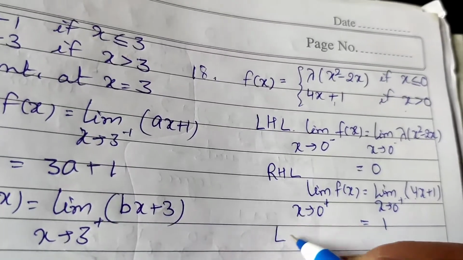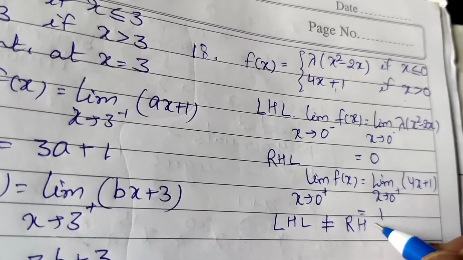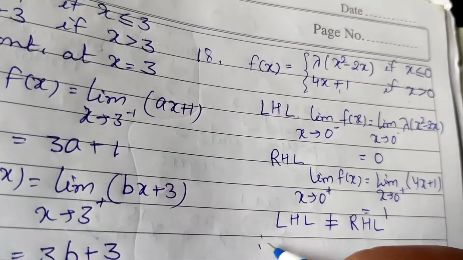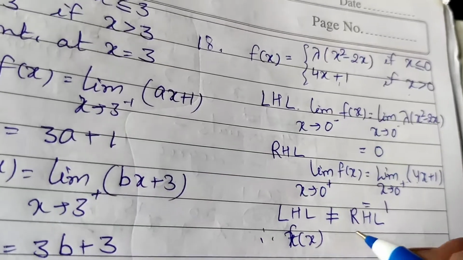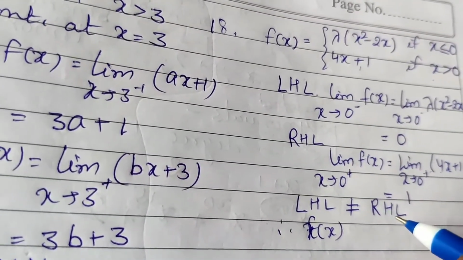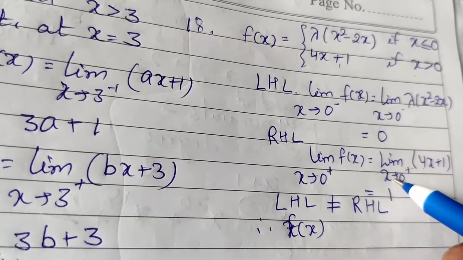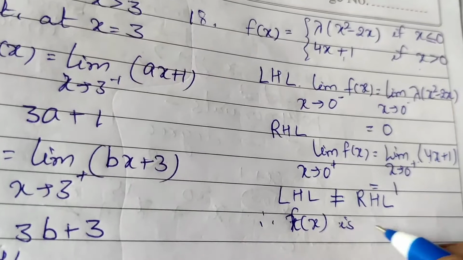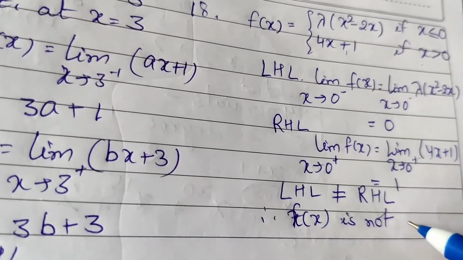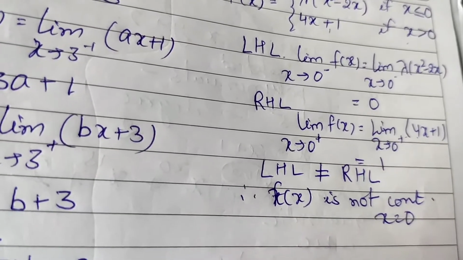The left hand limit is not equal to the right hand limit. Therefore, the function f(x) is discontinuous, since 0 is not equal to 1. Hence the function is not continuous, it is discontinuous at x equal to 0.